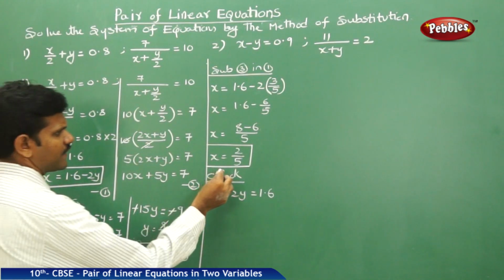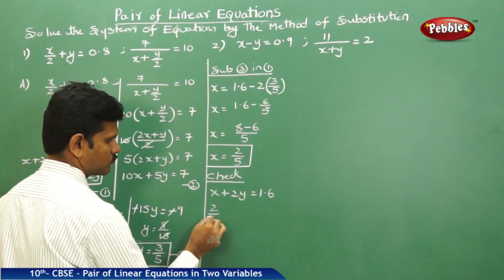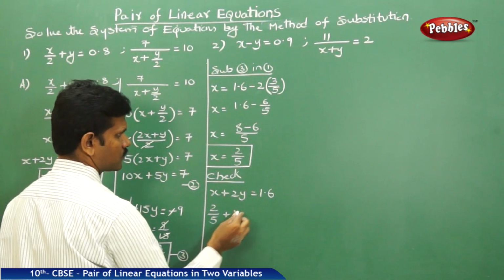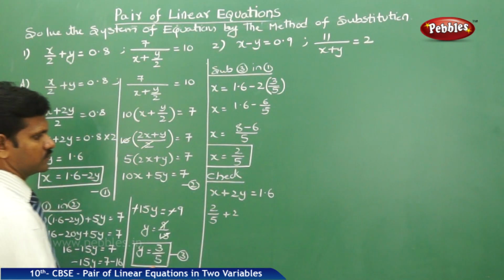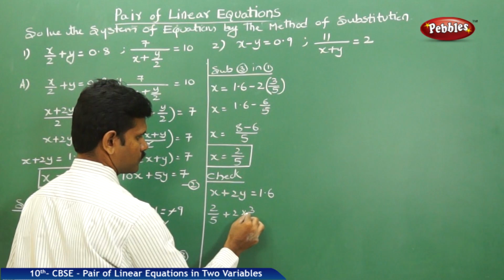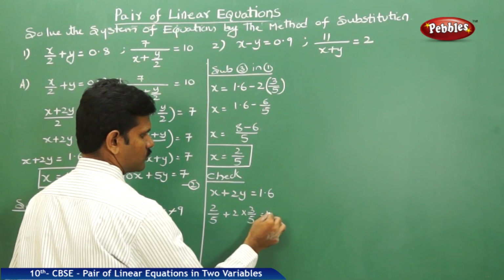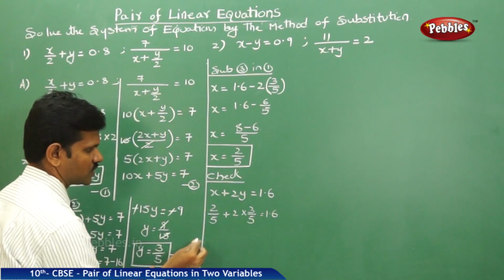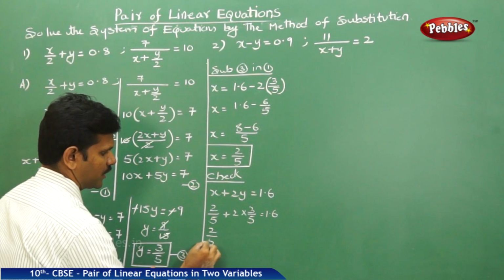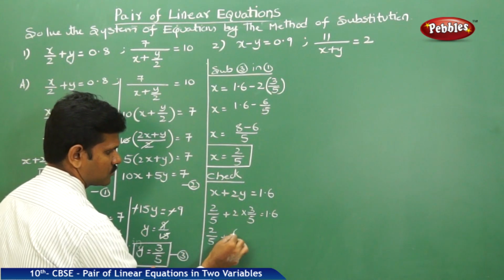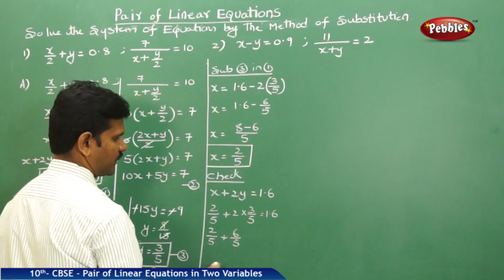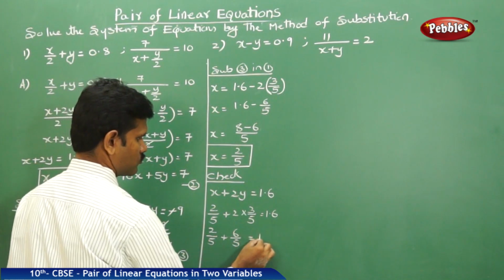That is, the x value is 2 by 5 plus 2 times the y value 3 by 5 is equal to 1.6. That is, 2 by 5 plus 2 threes are 6 by 5 is equal to 1.6.